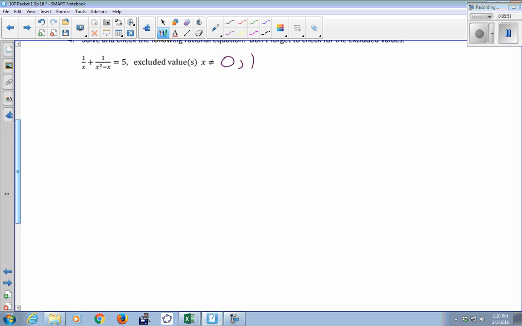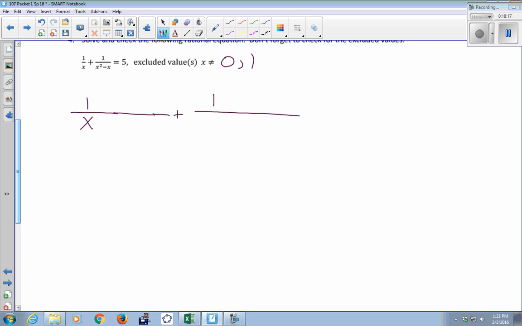So I have 1 over x. That's totally factored. And I'm going to make bigger lines so that I can build my common denominator. Plus 1 over x squared minus x. How would I factor that? Close. x times x minus 1.